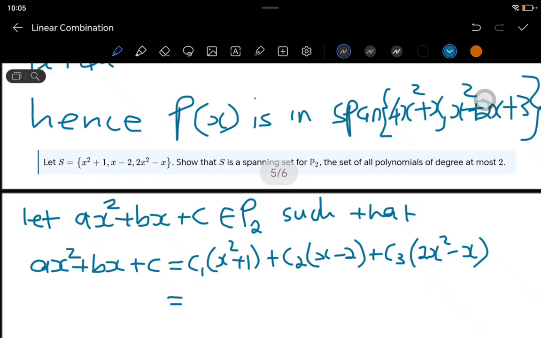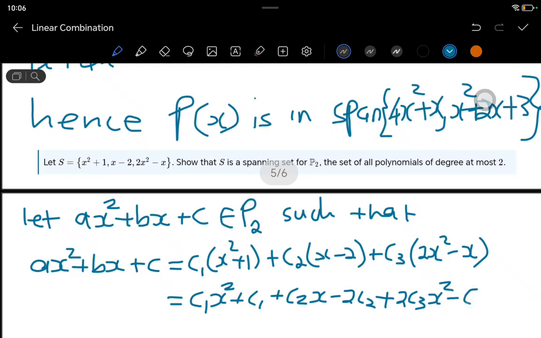I can proceed and say this is c1 x squared plus c1, plus, okay, I don't even need to put brackets. Let me just remove those brackets. The c1 x squared plus c1 plus c2x minus 2c2 plus 2c3 x squared minus c3 x.